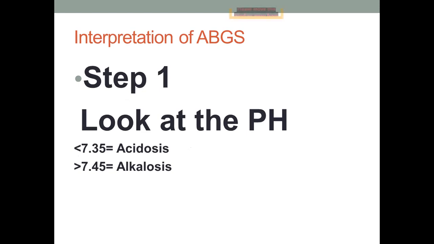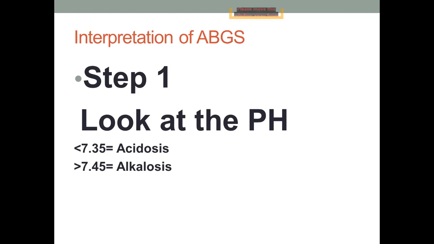Now we will interpret the ABGs. Here are some steps, on the basis of which you can interpret ABGs. Step one is to look at the pH. If the pH is less than 7.35, the patient has acidosis.